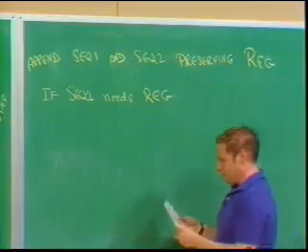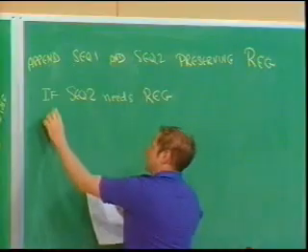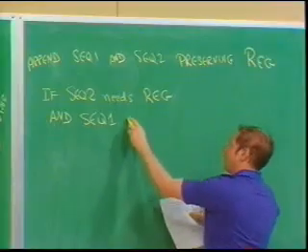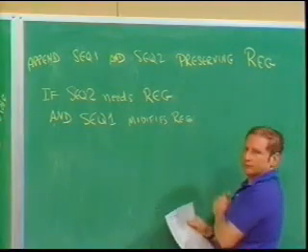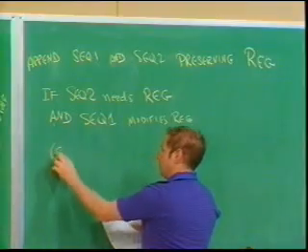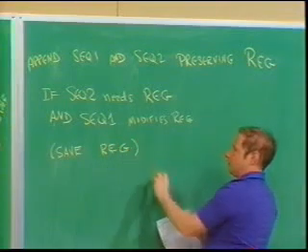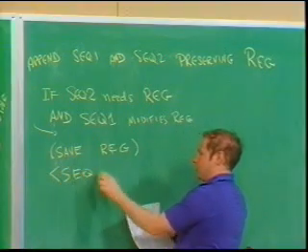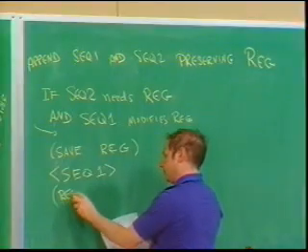So if sequence 2 needs the register and sequence 1 modifies the register, then the instructions that the compiler spits out are: save the register, then you put out the recursively compiled stuff for sequence 1, and then you restore the register.